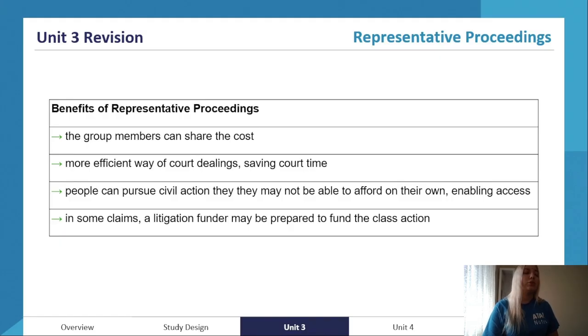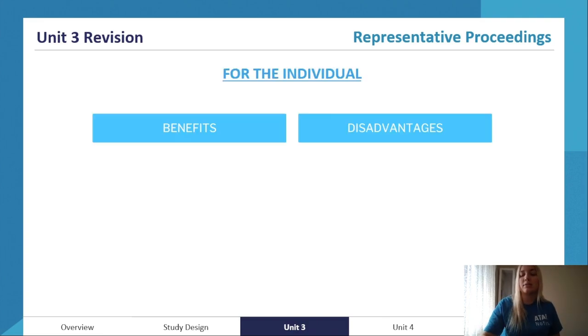Furthermore, some law firms and companies and litigation funders often fund class actions for free. What they will ask for in exchange, though, is that if the plaintiffs do successfully prove the liability of the defendant, they will ask for a portion of the damages that they won from the case to be given to them. For instance, 10% or 15% of all winnings.